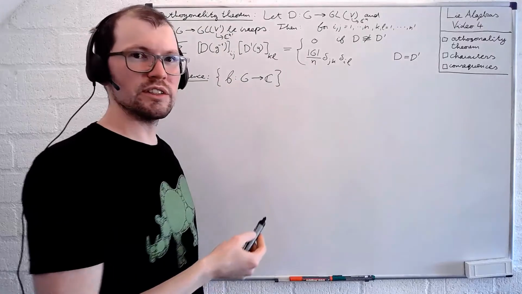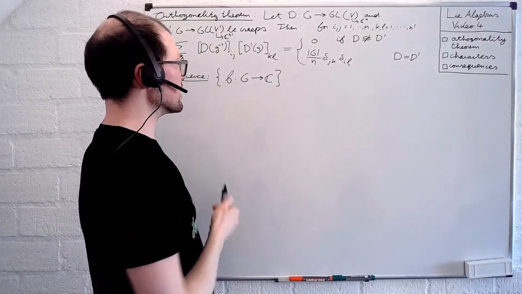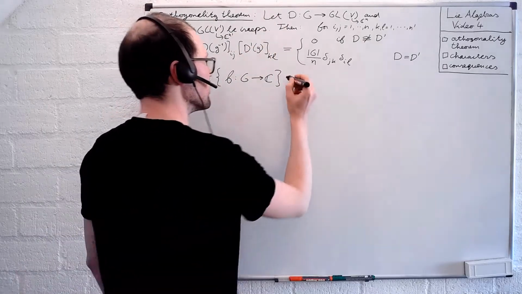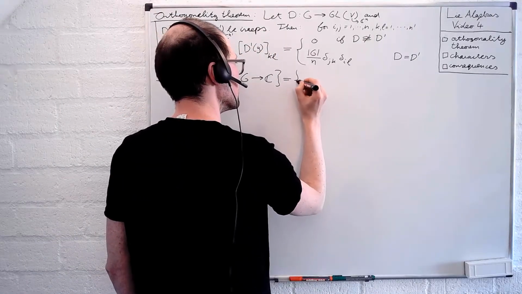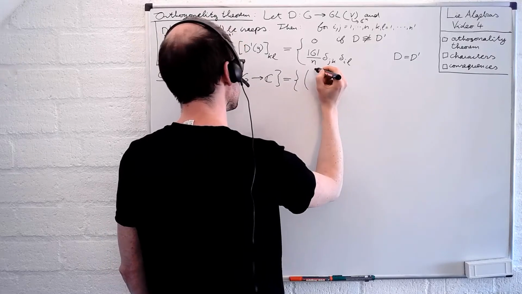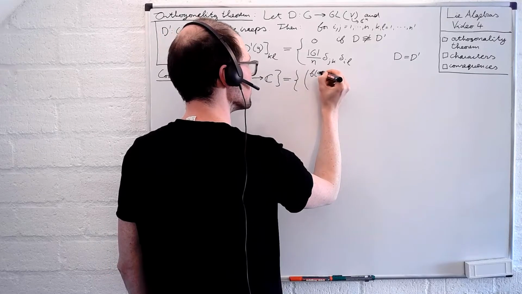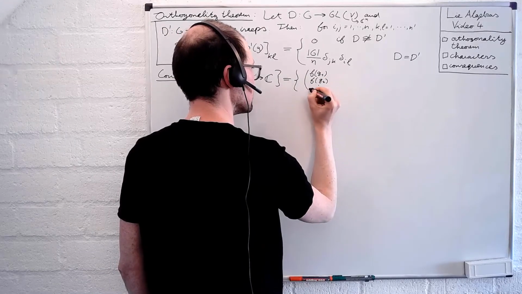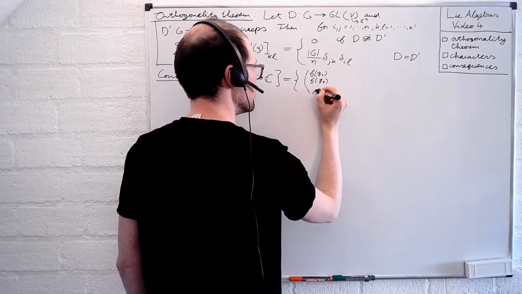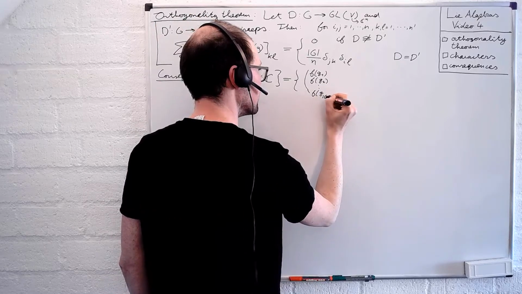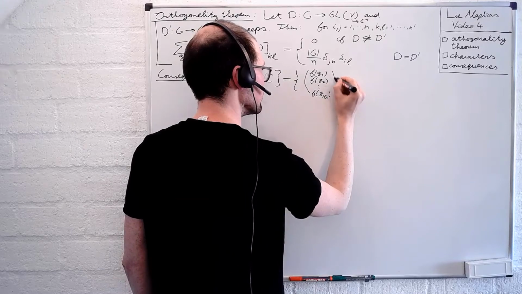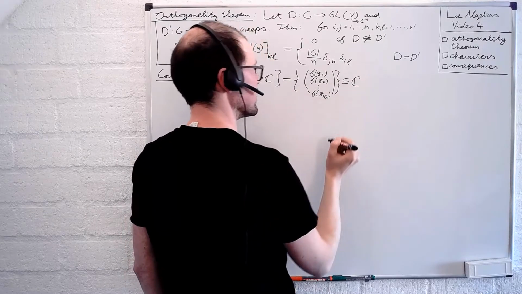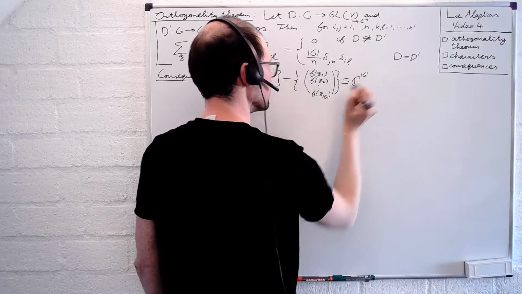Well, if I choose an ordering of all the elements of the group, I can simply write this as a vector where each of the entries are just the values associated to the group elements, up to f of g sub the order of the group. So this is just like C to the power the order of the group.